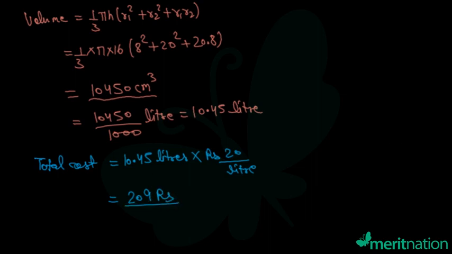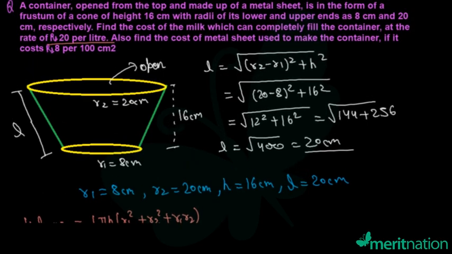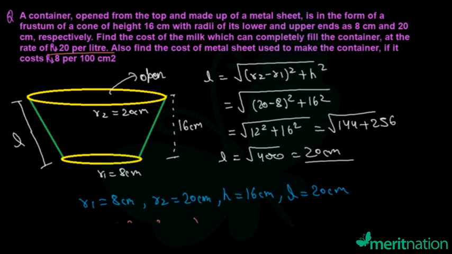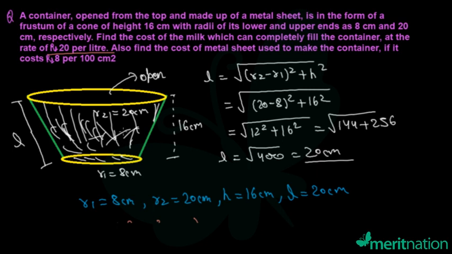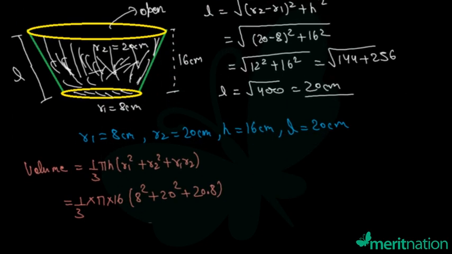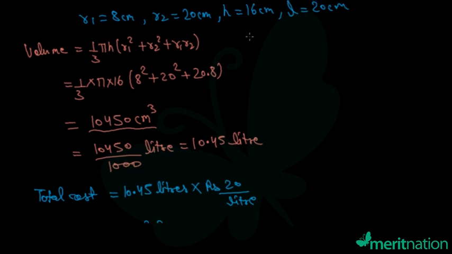Now in the second part of this question, we have to find the cost of metallic sheet required. The metallic sheet would be used to cover the curved surface area and the area of its circular base. Because the container is open from the top, in that portion there is no metallic sheet required. So the area of metallic sheet required would be equal to curved surface area plus the area of circular base.